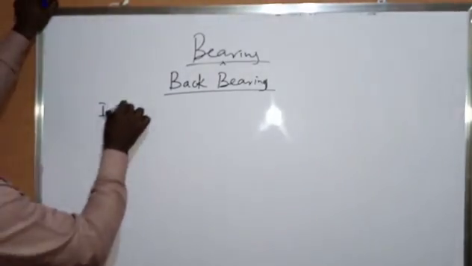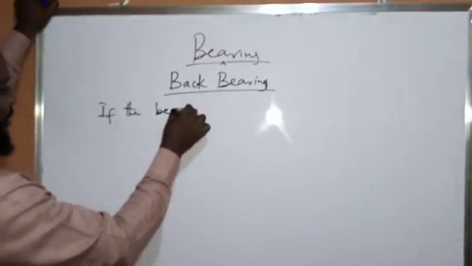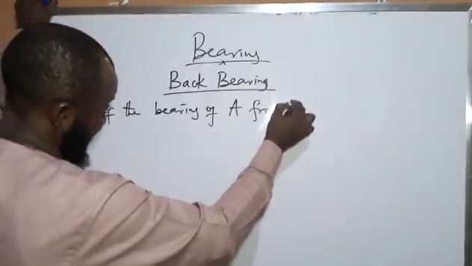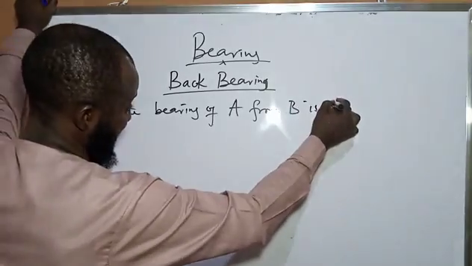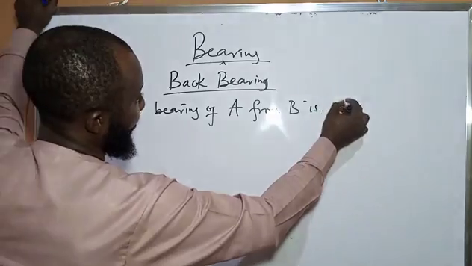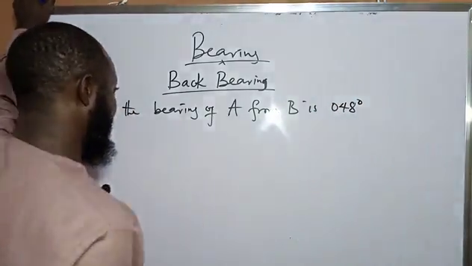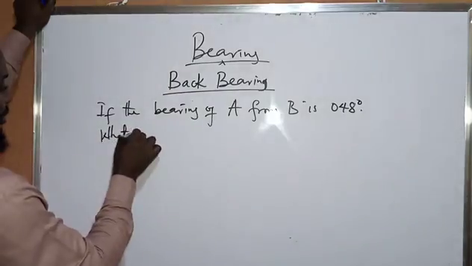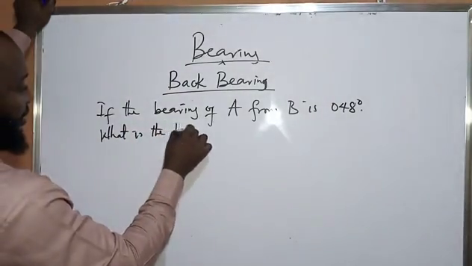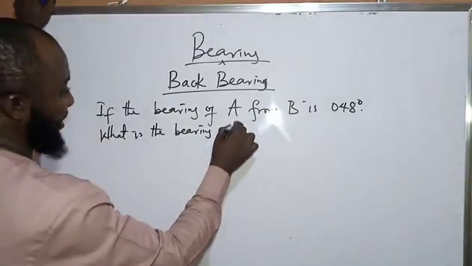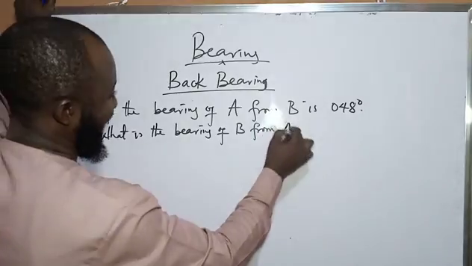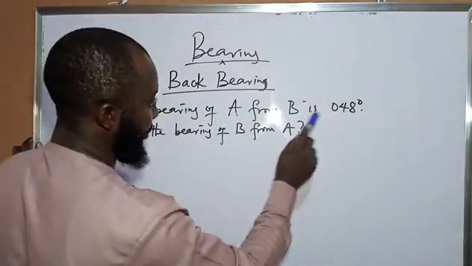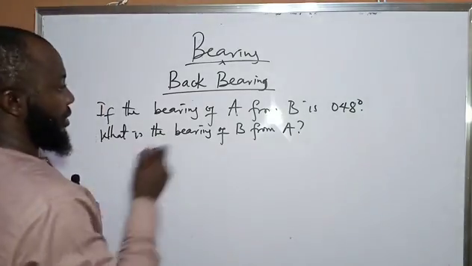If the bearing of A from B is 48 degrees, what is the bearing of B from A?